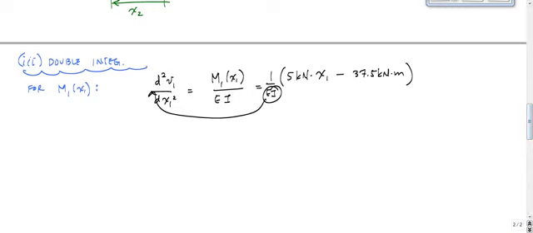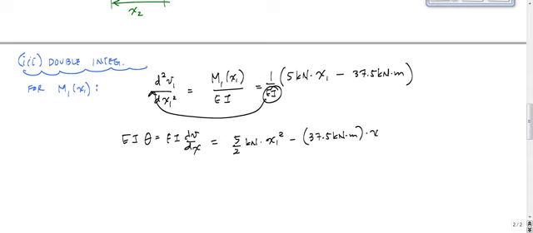So my first antiderivative is the slope. So this would be EI theta, which is the same as EI dv/dx right here. And that tells me that I have 5 halves kilonewtons times x1 squared minus 37.5 kilonewton meters times x1, plus a constant, and I'll call that C1.